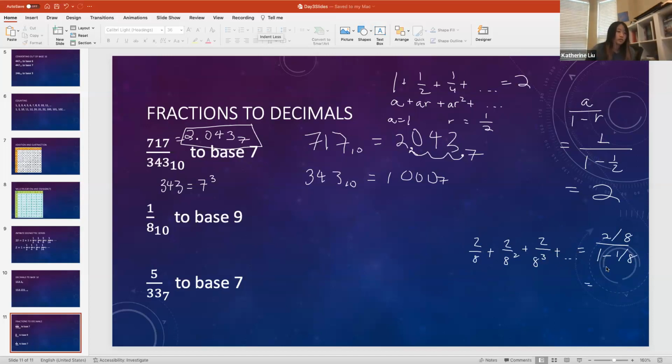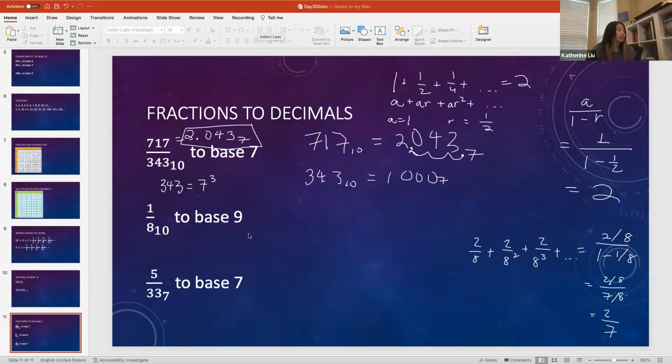So it's going to be 2 over 8 over 7 over 8. So that's 2 over 7, and that's our sum. So here, you might have noticed that this denominator is exactly 1 less than the 8. So here we suspect that 1/8 is just some geometric series thing with 9.